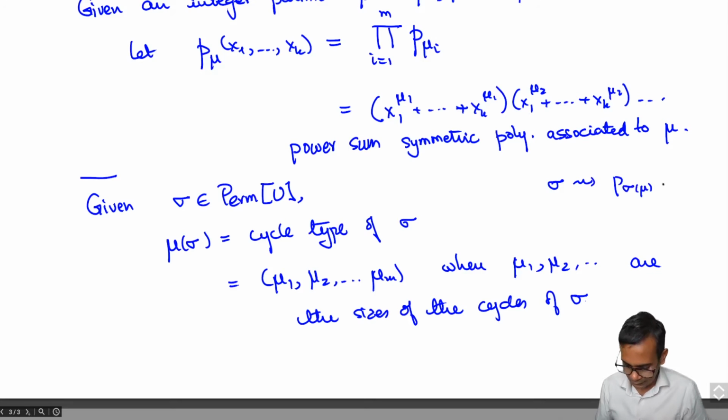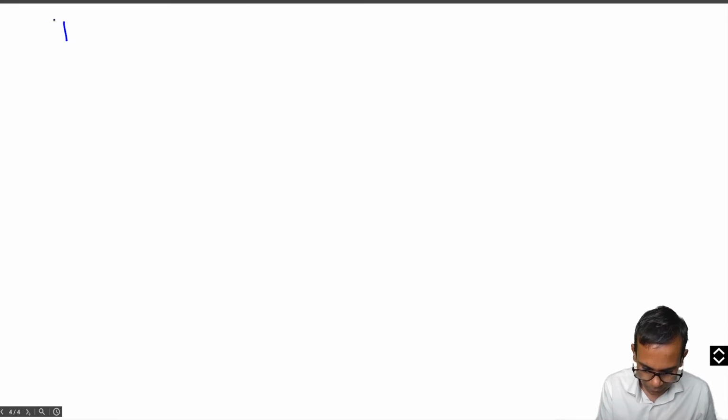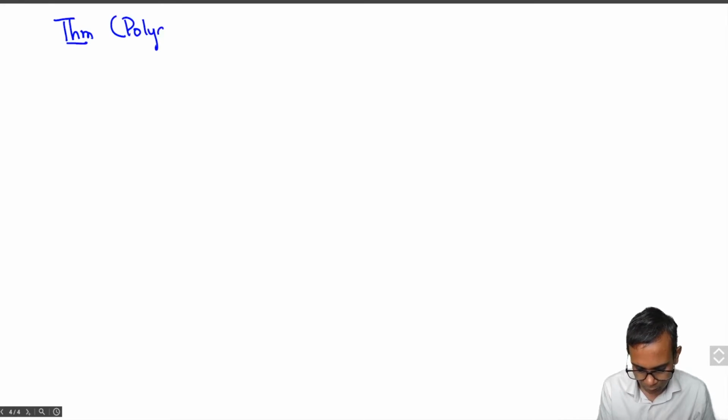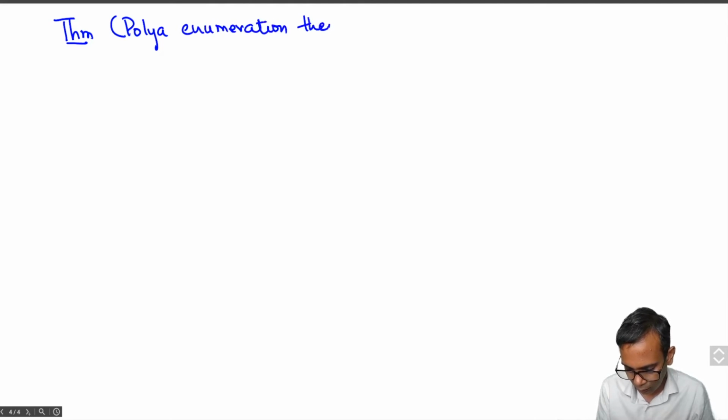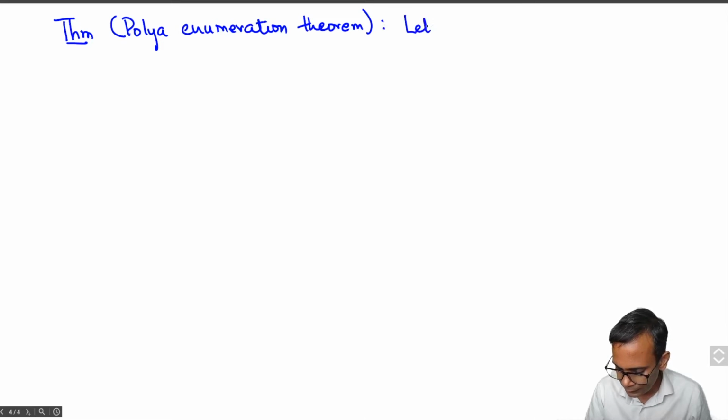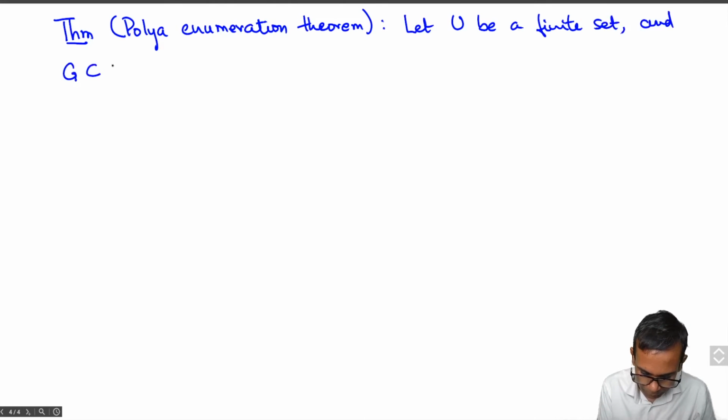So let me state the theorem now. As before, let U be a finite set and G be a permutation group.